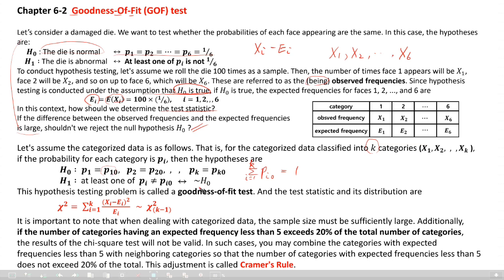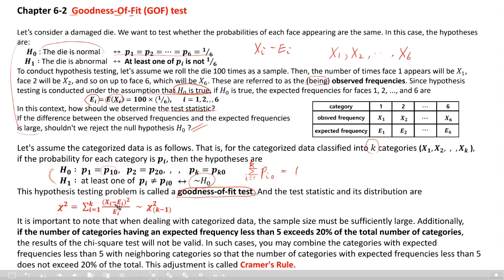We will denote it tilde H0 shortly. This hypothesis testing problem is called the goodness-of-fit test. And the test statistic and its distribution are this way.